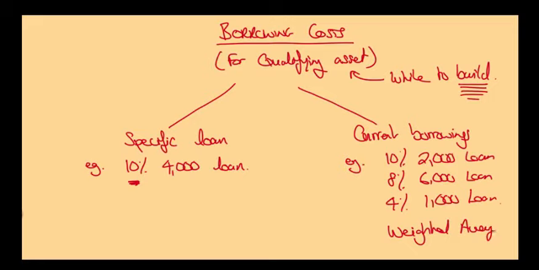And that will more than likely be given to you in the exam. What is the weighted average cost of all those? Okay, so specific loan, just use the interest rate. Current borrowings, use the weighted average of all your interest rates, which will probably be given in the exam. And you can only do this for an asset that takes a while to build.